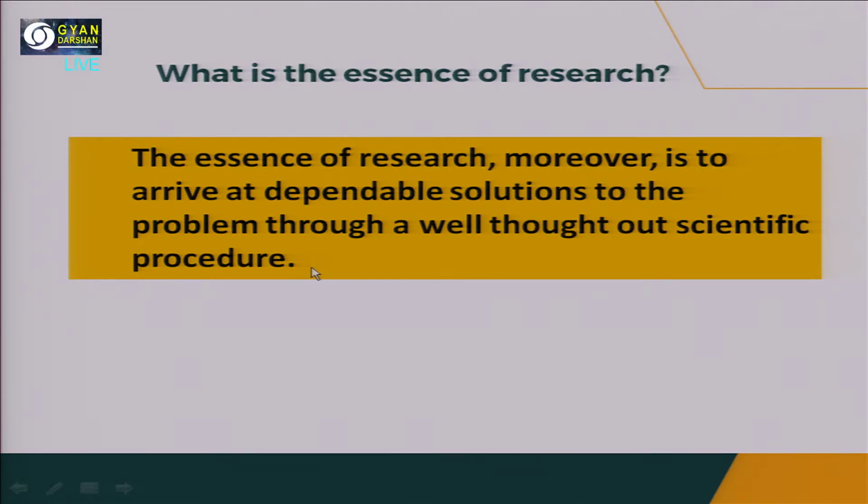Try to understand, friends: when we conduct a study, it may be for an academic purpose or for any project related work, we select a problem. So what is a problem? A problem means that we have not yet received the solutions to it. If we get the solutions, then you can't say that this is a problem.